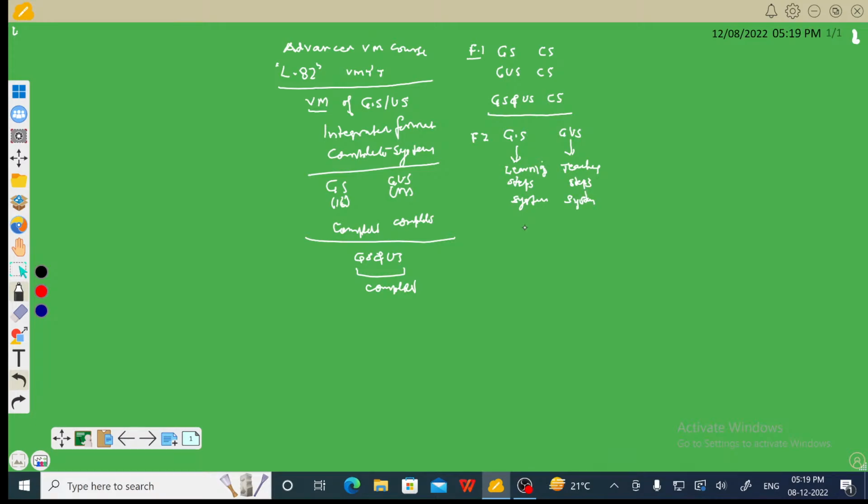And the integrated format of Ganita Sutras and Upsutras makes a knowledge system.